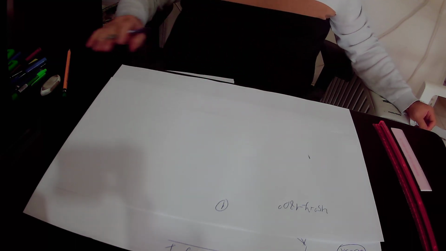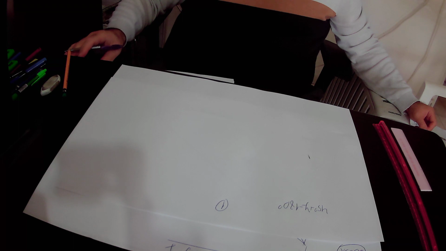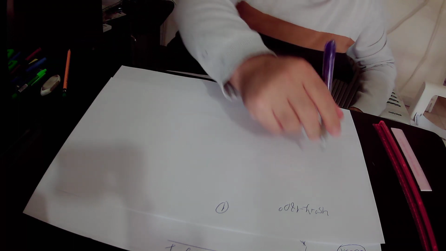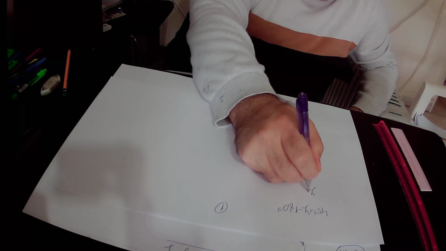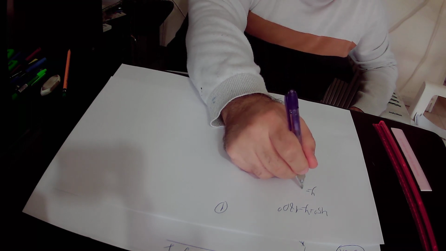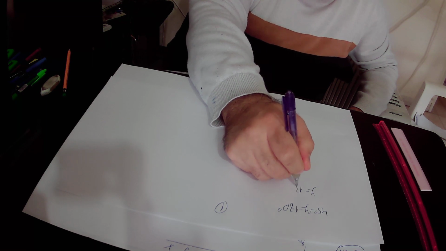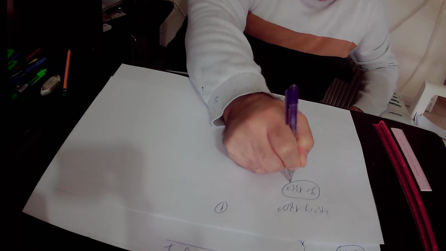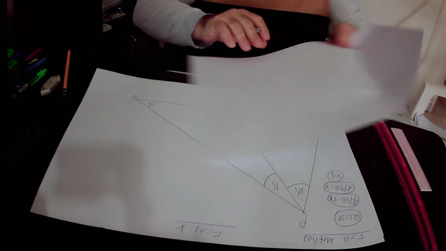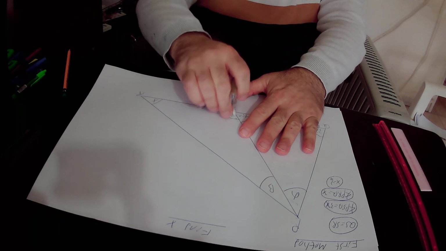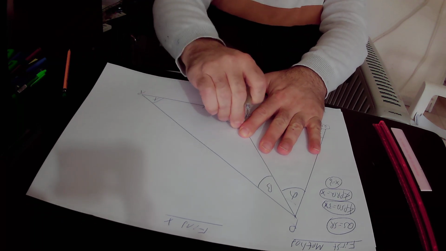So here we will subtract 45 degrees from this equation, and we get that angle y equals 180 degrees minus 45 degrees, which equals 135 degrees. So we found that angle y equals 135 degrees, and we will substitute y by 135 degrees.